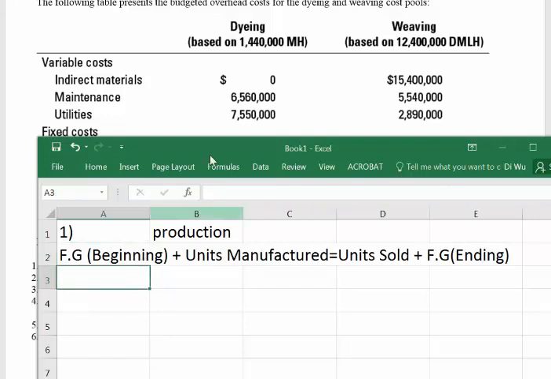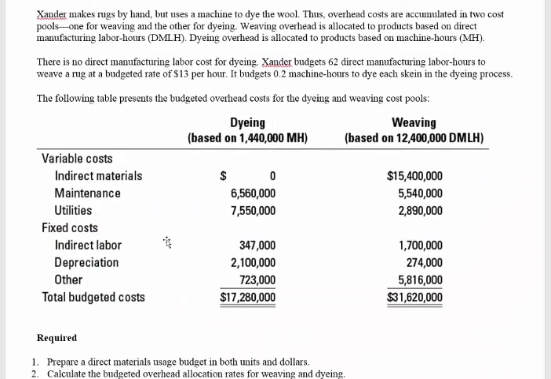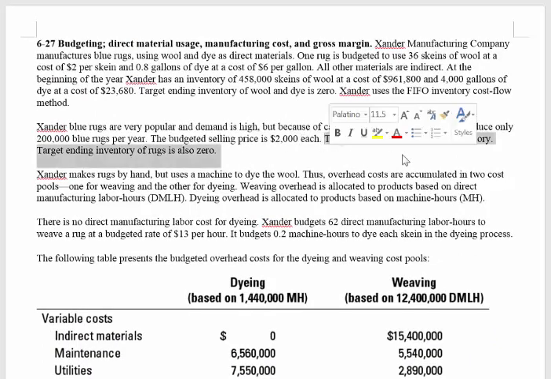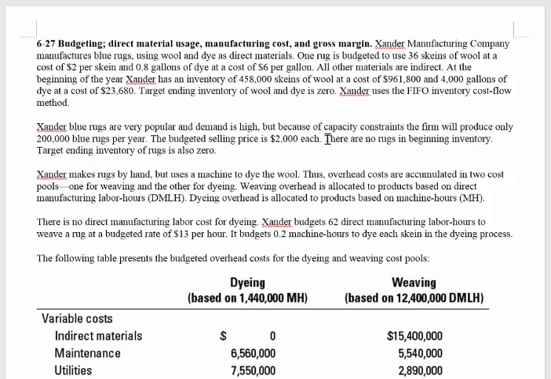So you need to go back to the question, check what I know, what I don't know. If I read the question carefully, the question says there are no racks in beginning inventory, and target ending inventory racks is also 0. So that tells me the beginning and ending finished goods inventory balances are both 0.